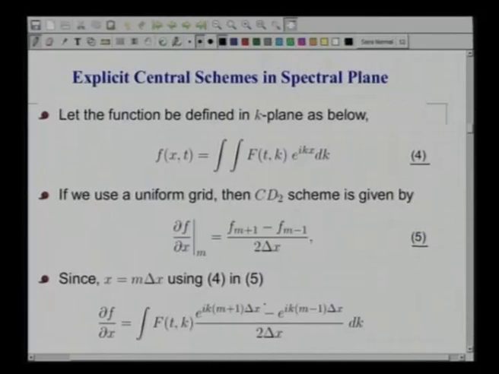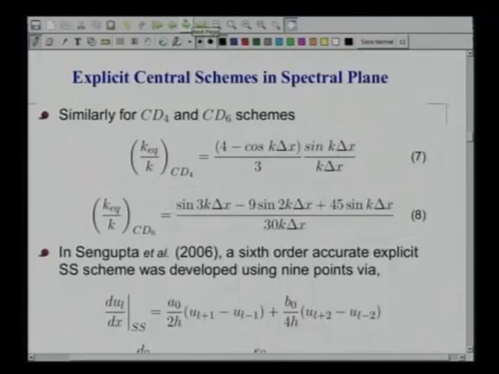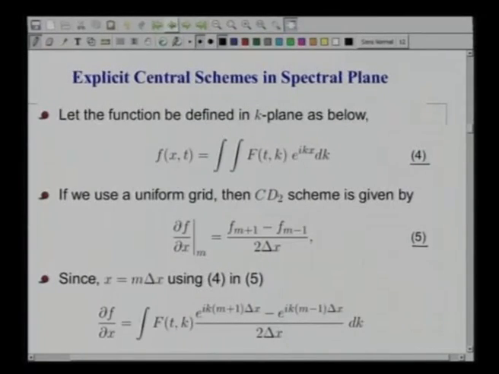Okay. So, what happens as a consequence? We get an expression for k equivalent. Let me explain what this k equivalent is.